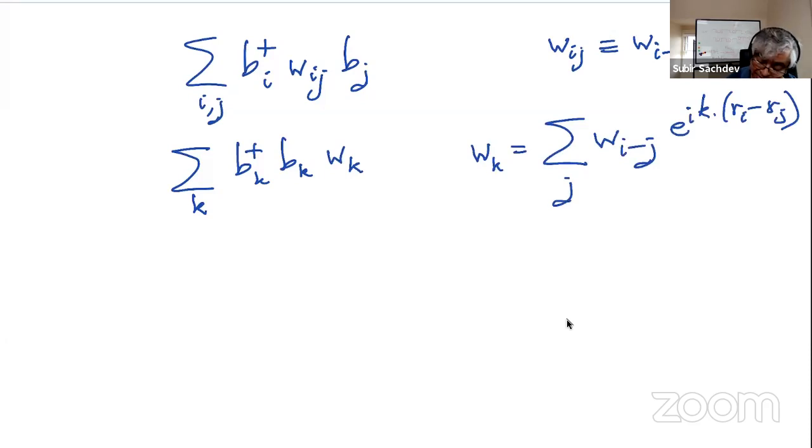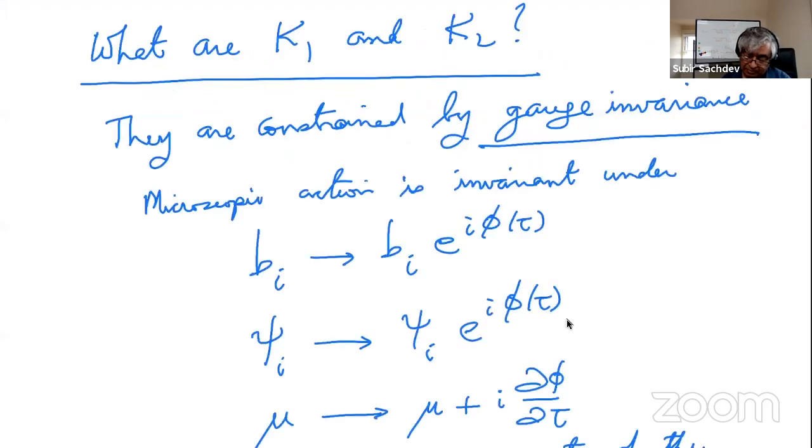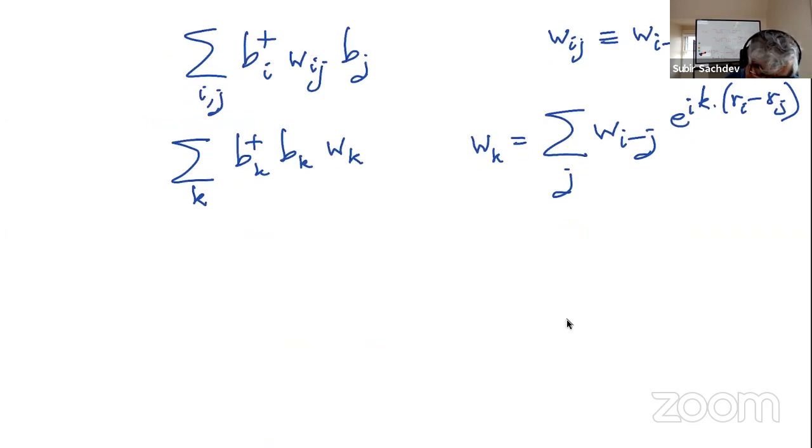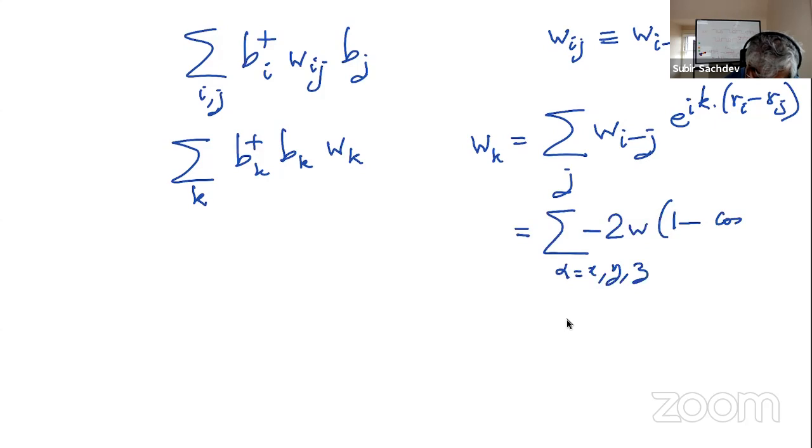Let's imagine it's only nearest neighbors. Then this becomes a sum over alpha equals x, y, z, giving minus 2W times (1 minus cosine k alpha).